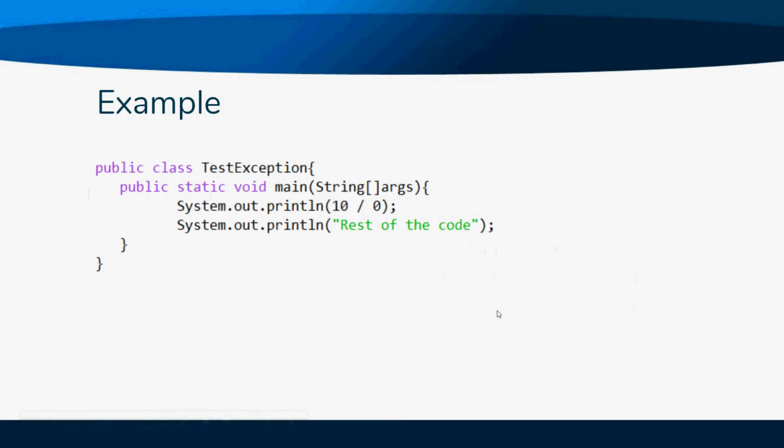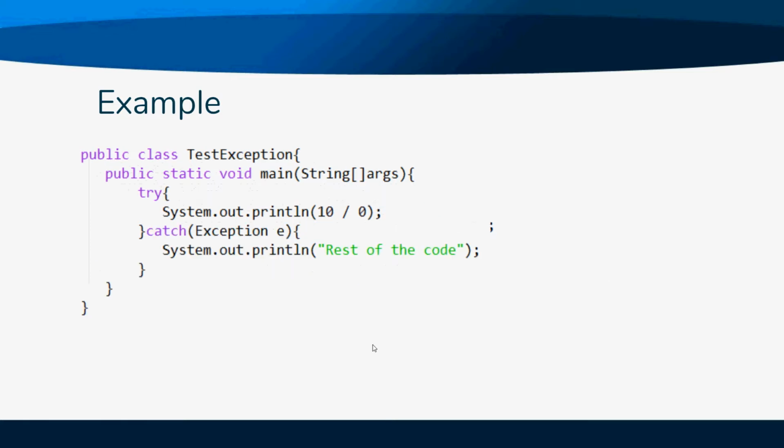So here is an example. Here I've got a system.out.print statement, and I have 10 divided by 0. Well, everyone knows that you can't divide by 0, so that is dangerous code. If I were to run this code, it would never display this system.out.print statement that says rest of code. So there's our arithmetic exception, and rest of code never gets executed.